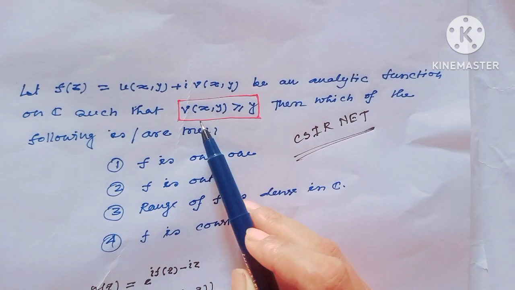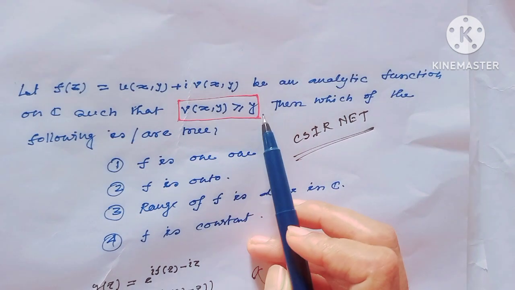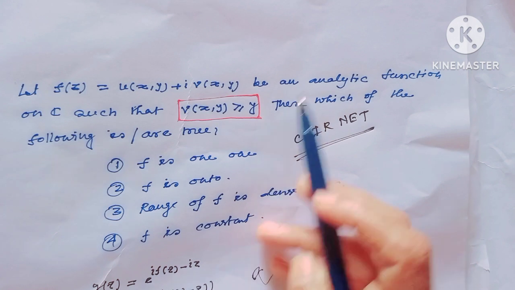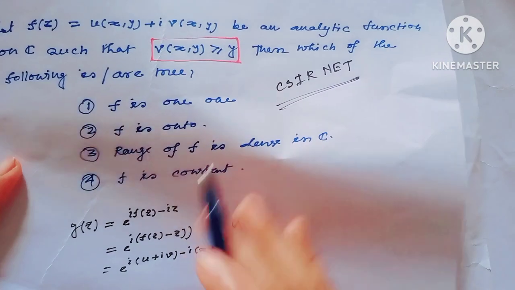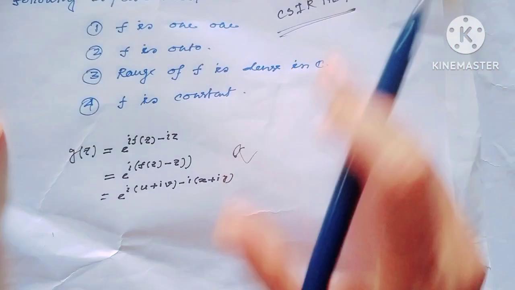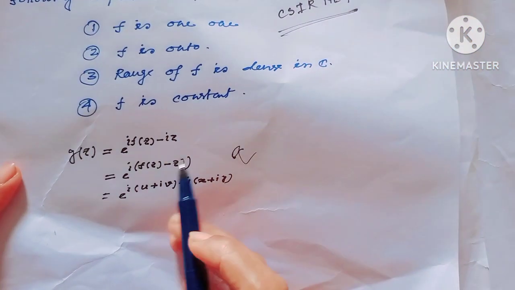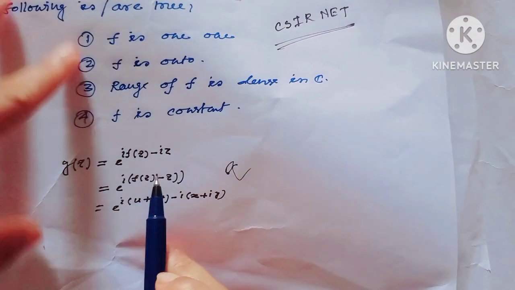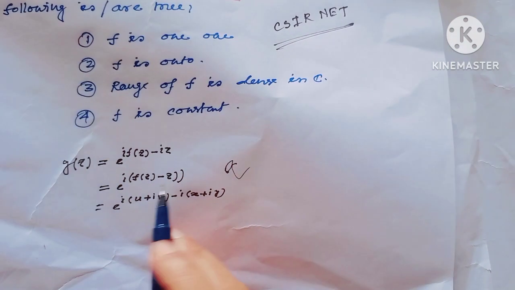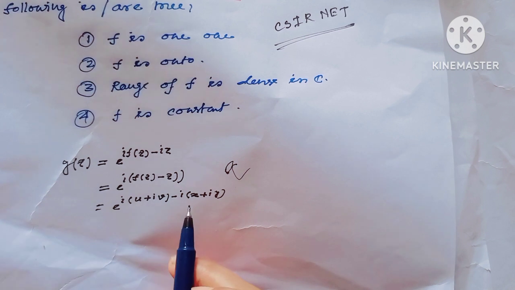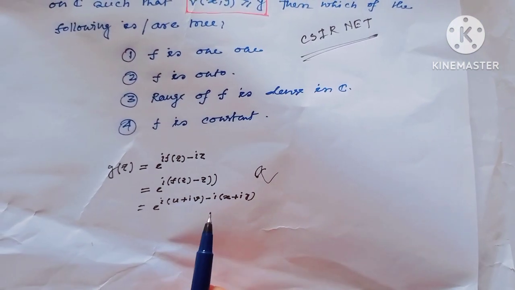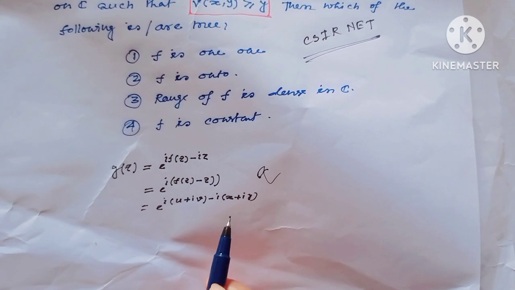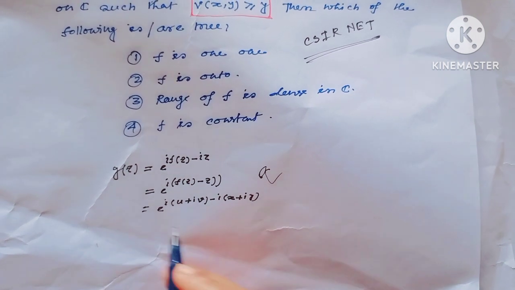Here the given condition is v(x,y) greater than or equal to y. For this, consider a new function g(z) equal to e to the power i f(z) minus iz. e to the power i f(z) minus iz means e to the power i times (f(z) minus z), which is equal to e to the power i times (u plus iv minus (x plus iy)).